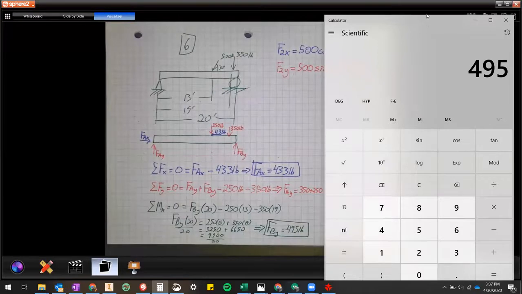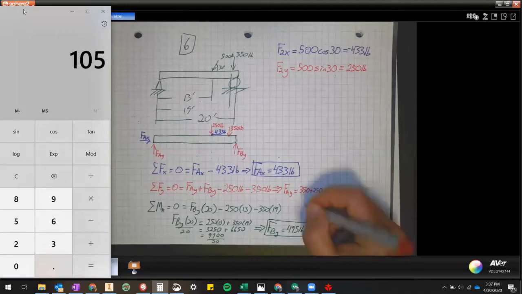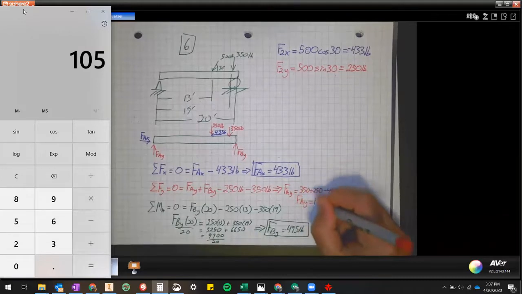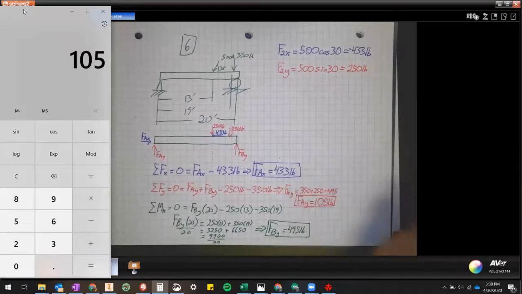And if I move my calculator so we can see a little bit easier, 350 plus 250 minus 495. There we go. FAY equals 105 pounds.